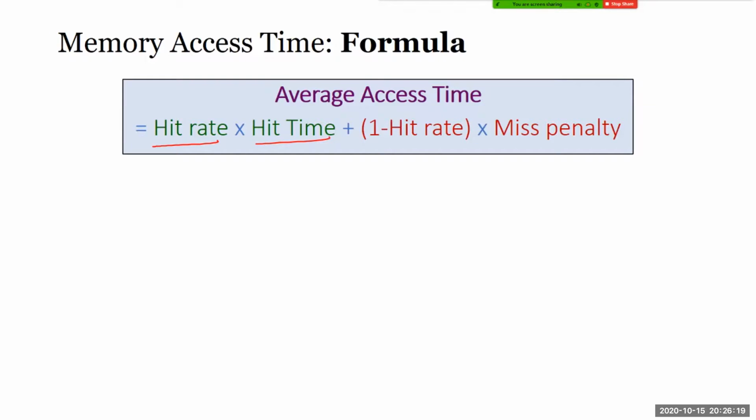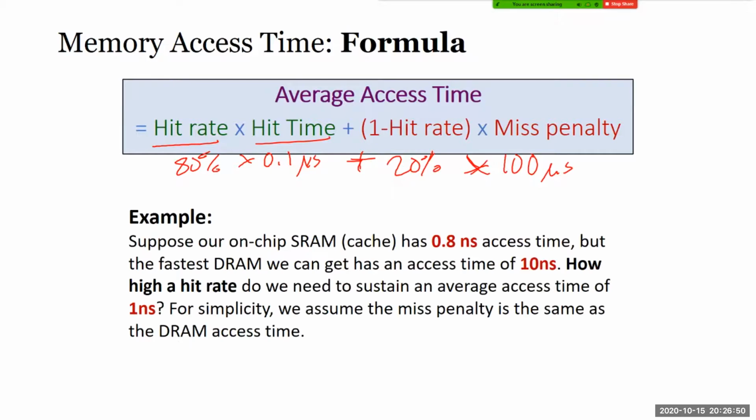Say 80% of the time I get a cache hit, and my hit time is, say, 0.1 microseconds, for example. The other 20% of the time, my penalty is 100 microseconds, for example. So what's the average? You just multiply out and add. This is a simple average formula.